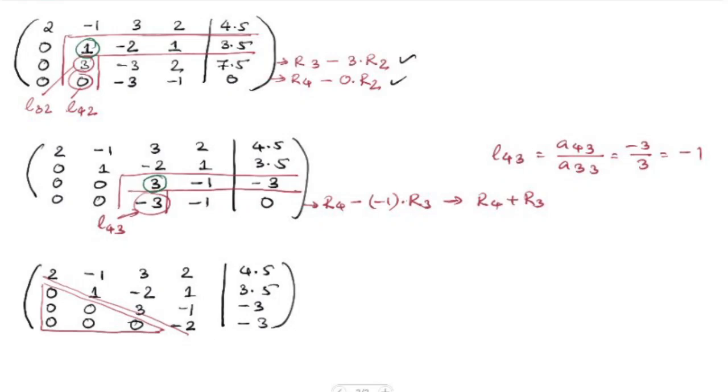So therefore we have finished the Gaussian elimination, and now we can work on getting the x values, the solution vector for us. Maybe I'll copy this to the next page so we can work on the solution vector.